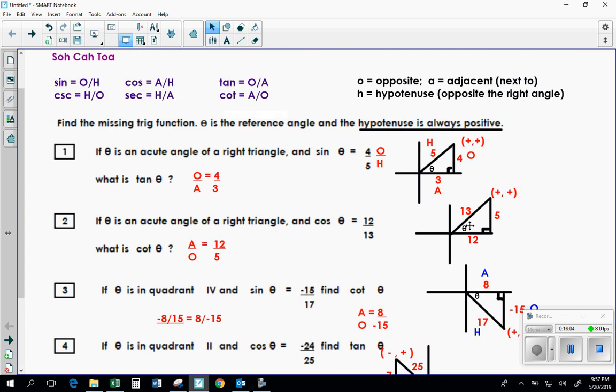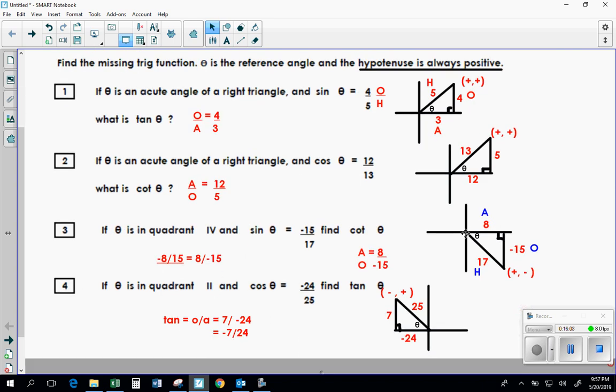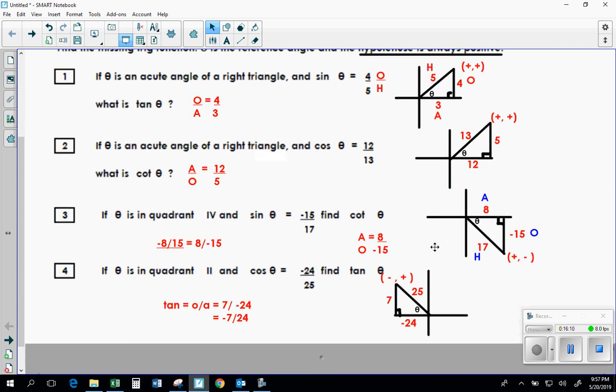Quadrant 1, we know both X and Y are positive, and the only one we haven't drawn, for example, would be in quadrant 3. So quadrant 3 would be looking like this, and both signs in quadrant 3 are negative and negative. So you want to make sure both the X and the Y in your quadrant 3 are negative, and of course, your hypotenuse or your terminal side is always positive.